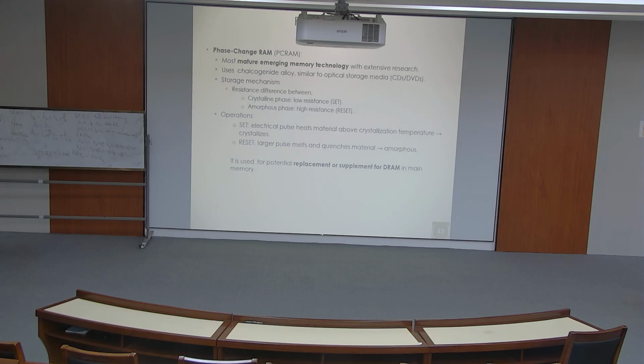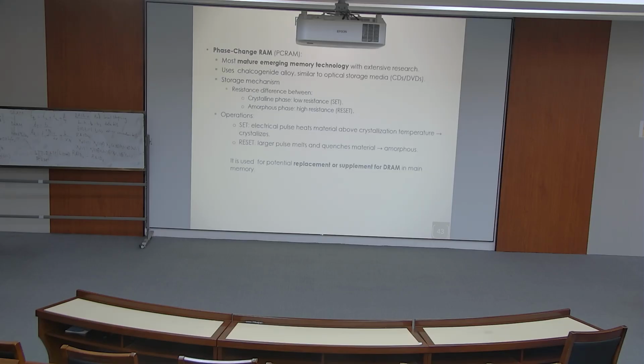Then here we have the next new non-volatile memory system, which is the PC RAM. The PC stands for phase change RAM, and this one is using what we call chalcogenide alloy, which is similar to the optical storage media that we have seen, and it uses different resistances, and we have these two states, set and reset.